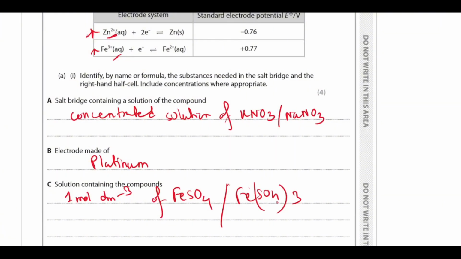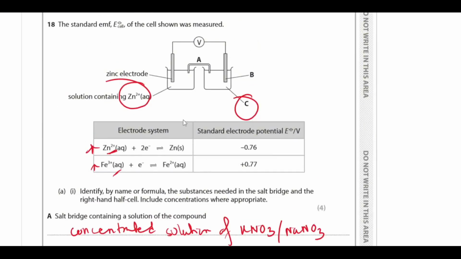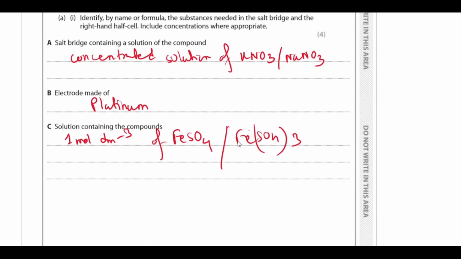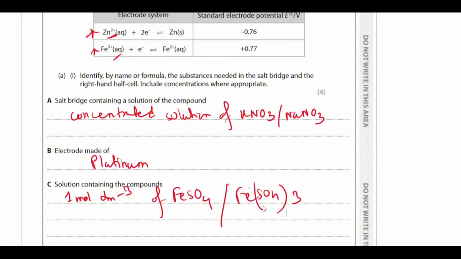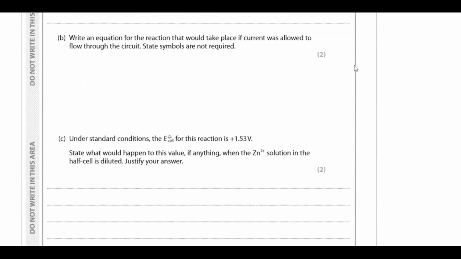Whatever happens, if you provide any one of the solutions, for instance iron 2 sulfate or iron 3 sulfate, you will be able to get this reversible reaction in one way. All right, moving on to the next one.